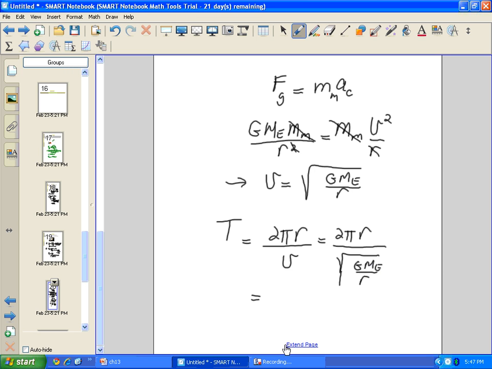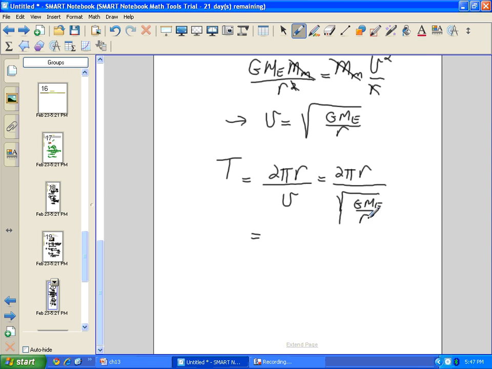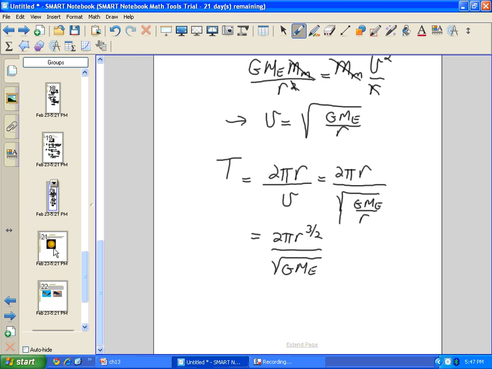But we can simplify this and bring this R, that is to the 1/2, up to the numerator, so we have R to the 1 plus R to the 1/2 becomes 2 pi R to the 3/2 divided by the square root of big G times the mass of the Earth. That's how we came up with that expression. Next question.